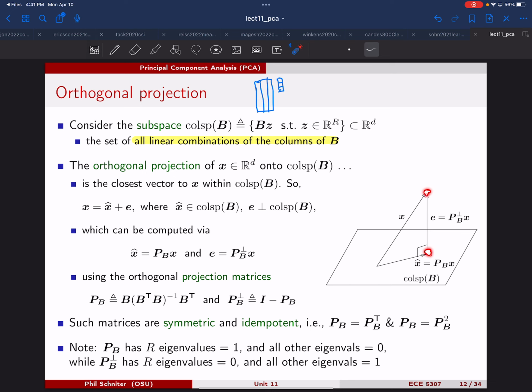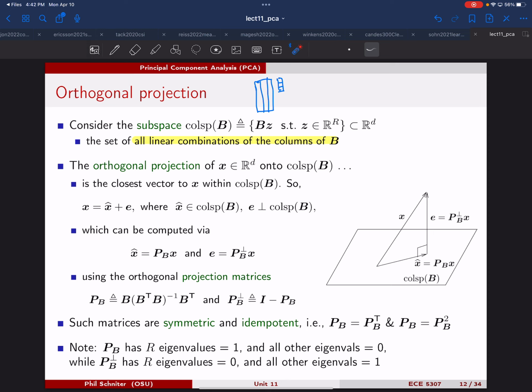What if I take that point in the plane and I do another projection into the plane? Does anything happen? No. So you can see why this is the same as this. Because this would be like first projecting x into the plane and then taking the result and projecting it again into the plane, which is the same as projecting into the plane and then not doing anything. So that's where you can understand idempotency, how that kind of makes sense with projection matrices.